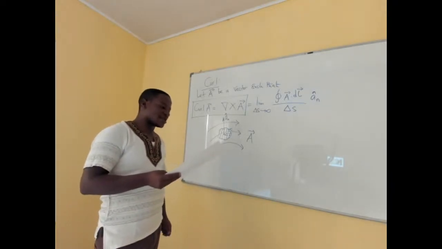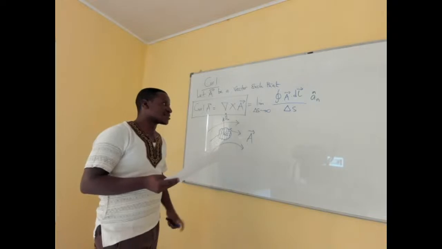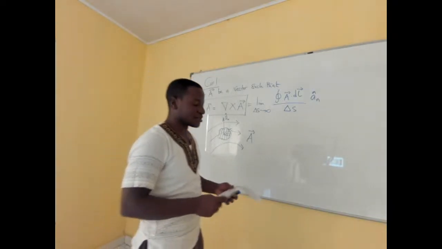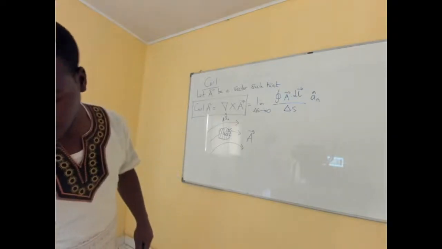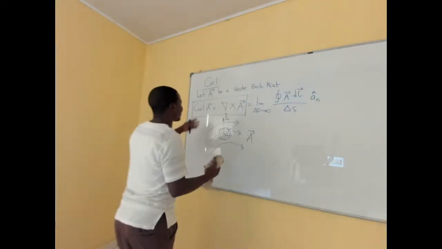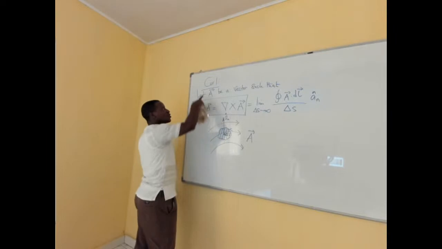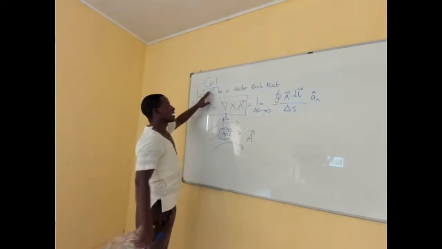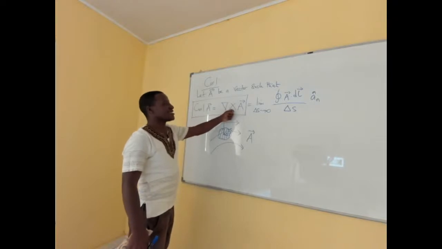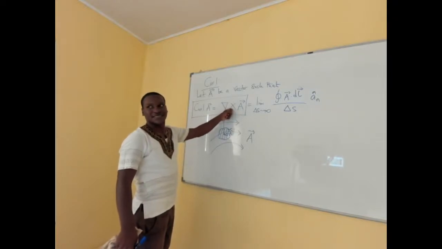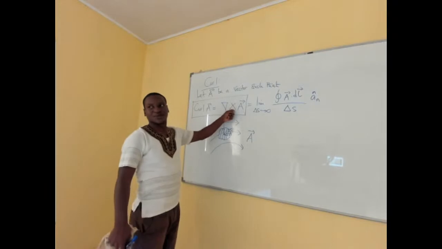So that is basically what the Stokes theorem is talking about. So I'll just put it up here for your information, but it's just the same as this. You just need to know that the curl of a vector actually is given by the del cross A. This is not a multiplication, this is a cross product. So take note of that.